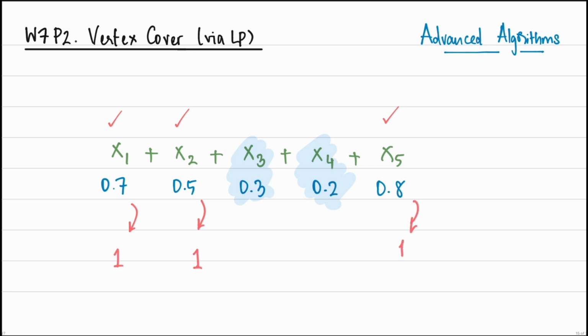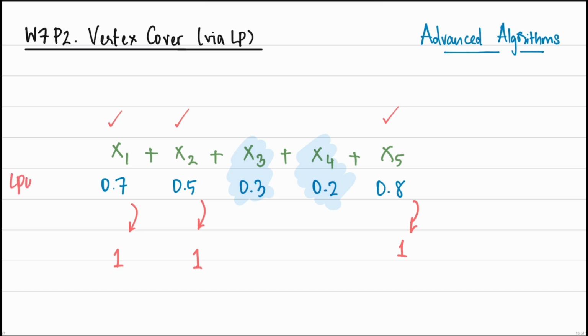But by the definition of our threshold, these were all values that were themselves at least half to begin with. So when you round them up to 1, you at most double their value. In fact, we're doing a little less than doubling for values like 0.7 and 0.8. When you replace 0.7 with 1 or 0.8 with 1, you're not even doubling them, you're doing a little bit less. And with 0.5, of course, you're exactly doubling.